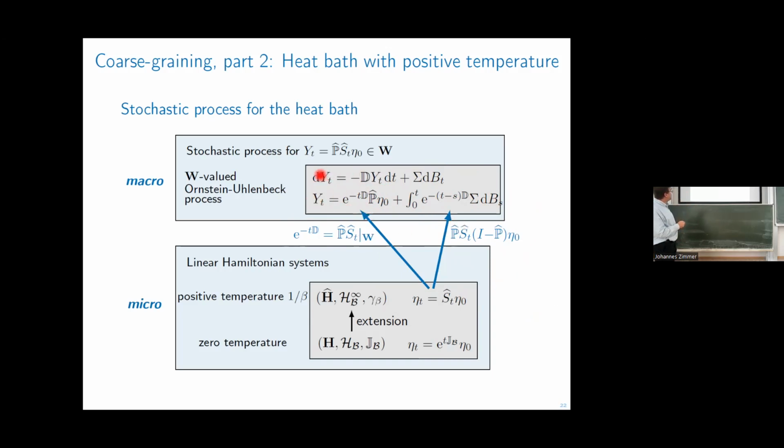So the weak form is simply an Ornstein-Uhlenbeck process. It's a first order Langevin equation. So we can rigorously derive for the heat bath this Ornstein-Uhlenbeck process. And therefore, this sigma will play a particular role.